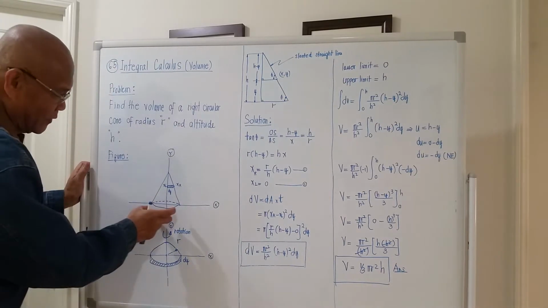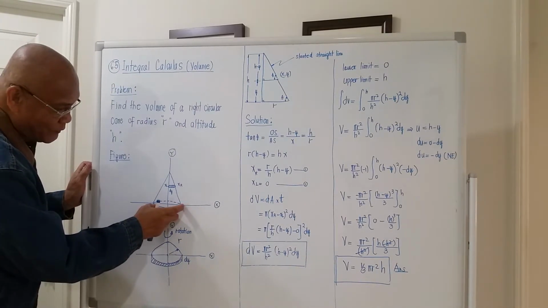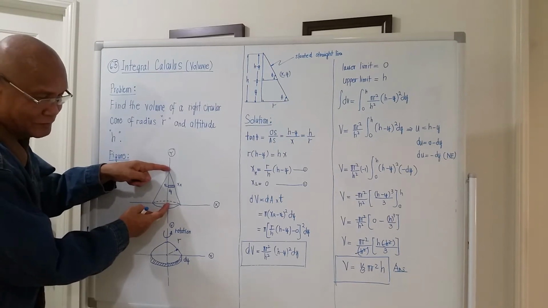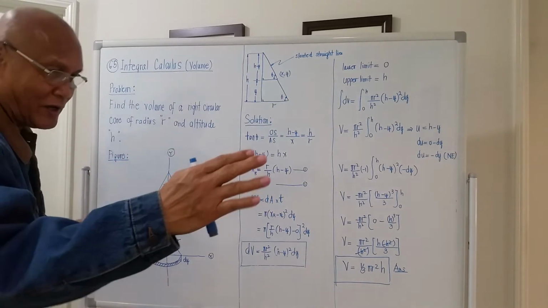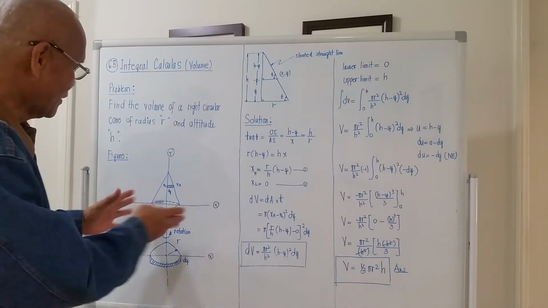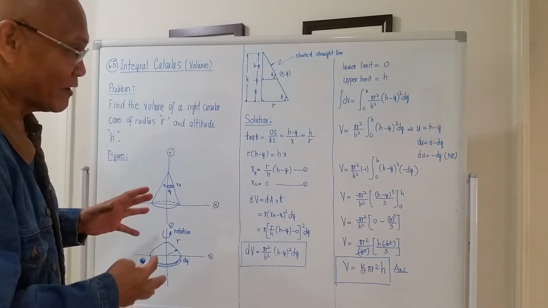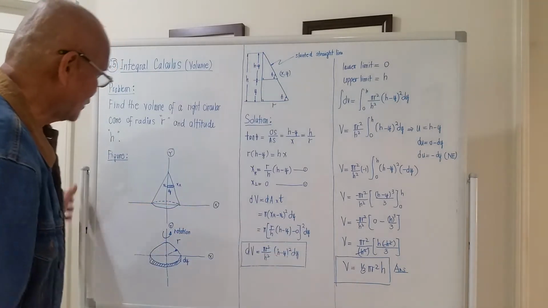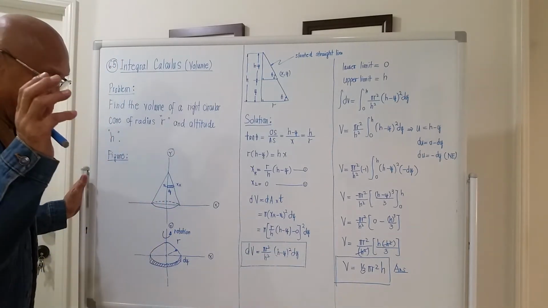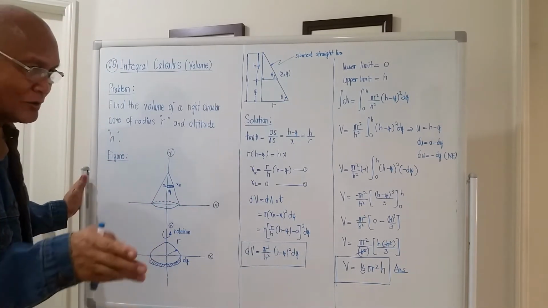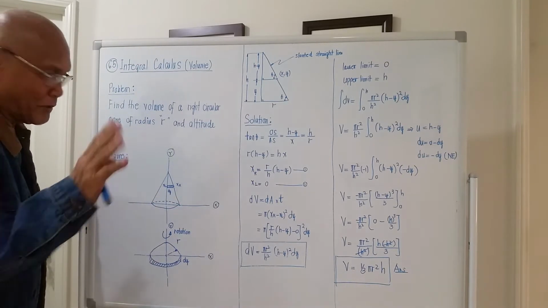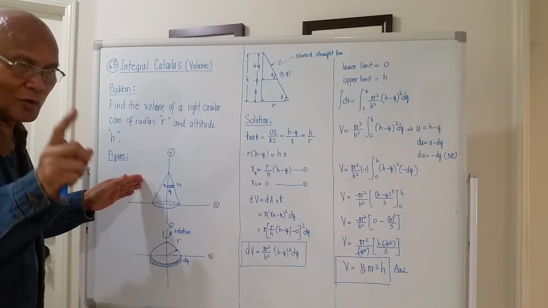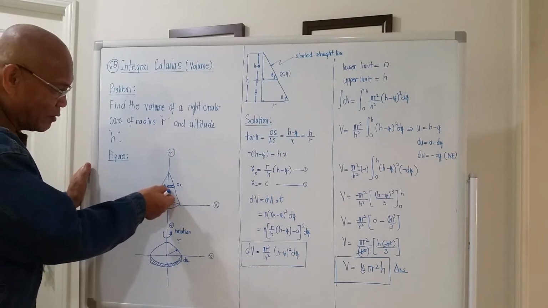This is the base of the cone, and this is the height of the cone. As you see the cone from here, it seems it's a solid. If it's a solid, it could contain some volume. I think the only solution that we could present under right circular cone is only one solution, that is by using a horizontal slice.